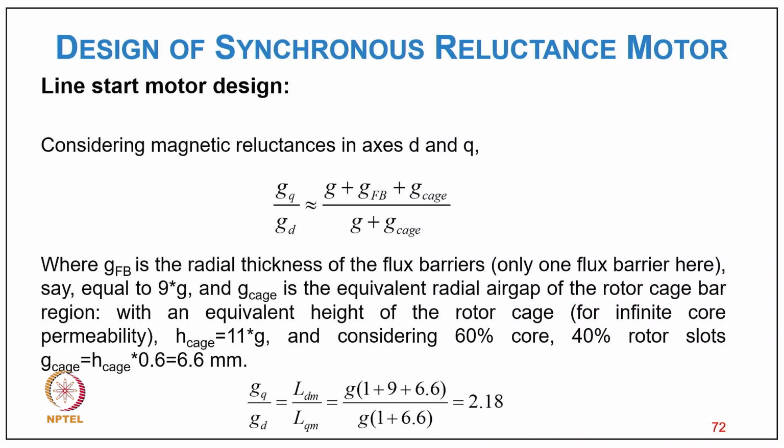So considering the magnetic reluctance in the axes D and Q, gq upon gd is approximately equal to g plus gFB plus g gauge divided by g plus g gauge, where gFB is the radial thickness of the flux barrier, only one flux barrier here, say equal to 9 into g, and g gauge is the equivalent radial gap in the rotor cage bar region, the equivalent height of the rotor cage for infinite core permeability, that is h cage equal to 11 into g, and considering 60% core and 40% slot, g gauge is equal to 0.6 h cage, that is 6.6 millimeter. So gq upon gd equal to LdM upon LqM, and putting values it comes to 2.18.